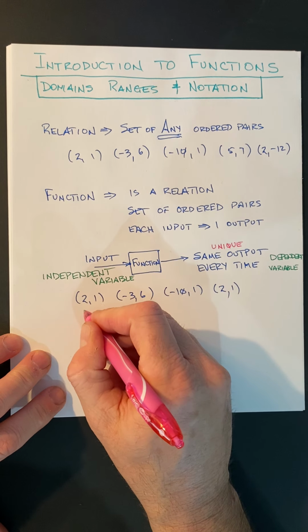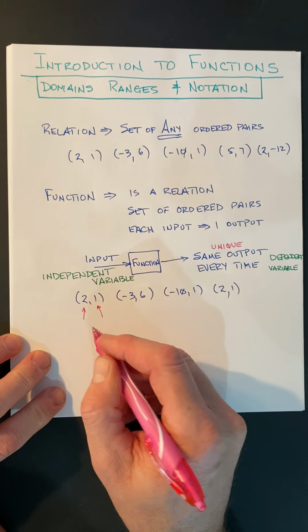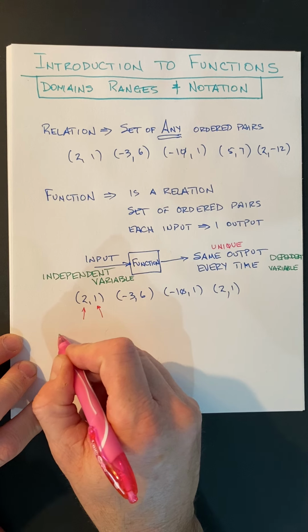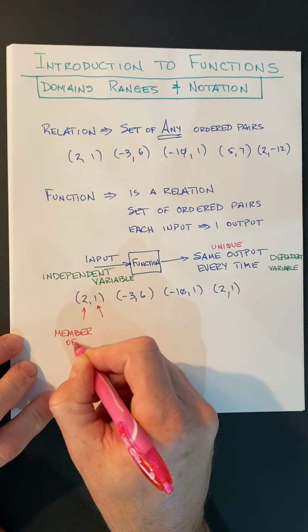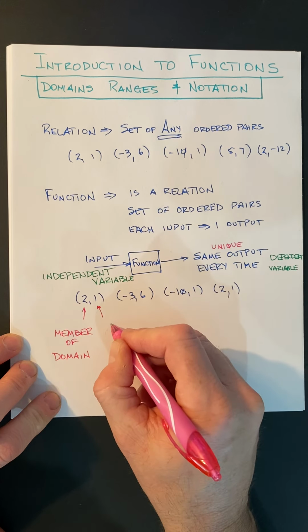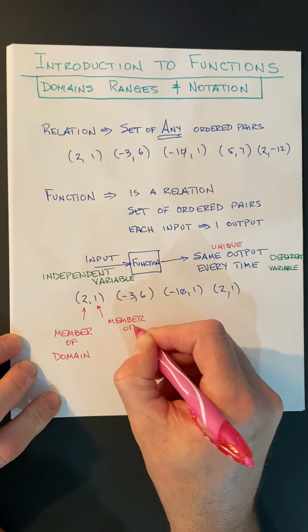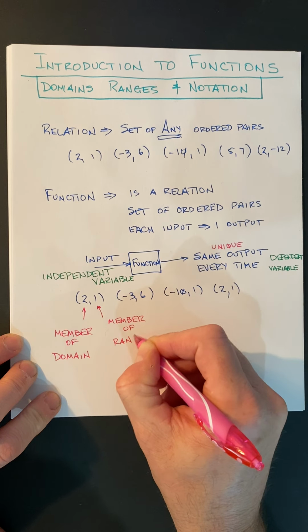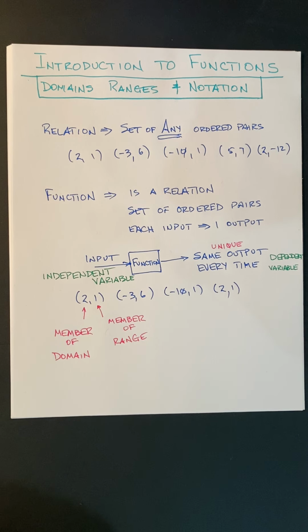Now, something else we want to look at is there are some other terms here. This 2 is a member of the domain, okay? This 1 is a member of the range. These are collections of independent, dependent, or input, output, however you want to talk about it, okay?